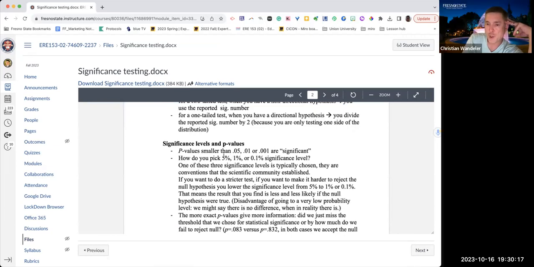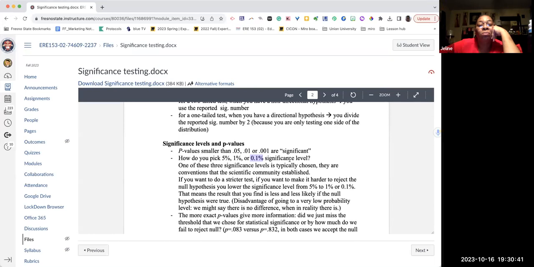Yes, exactly. So this is a way of being more strict at our assumption level, right? So if we're picking, let's say, the 0.001 level, the 0.1% significance level, we pick that ahead of time, right?